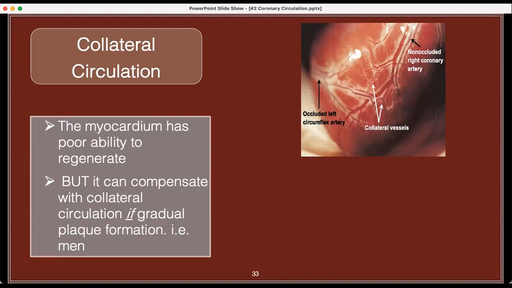And this can happen if that plaque formation is very gradual. And that's what you'll see in a man. In the woman, they're actually being protected with their estrogen premenopausal, so they don't have the need to form this collateral circulation.